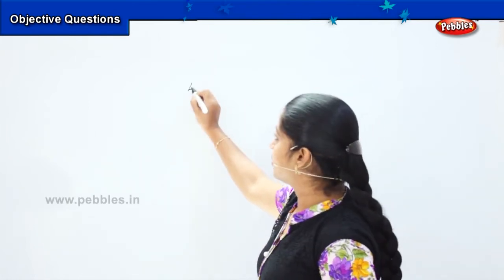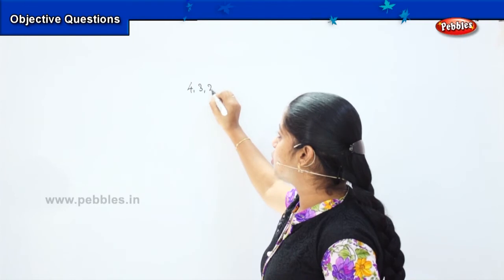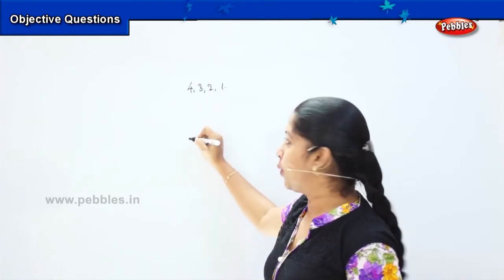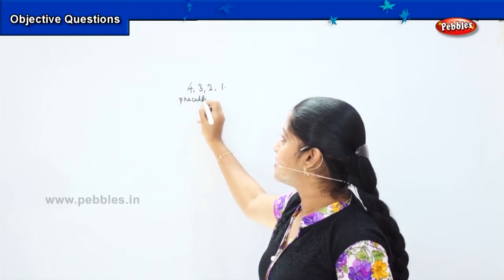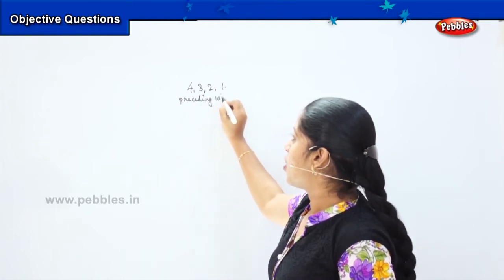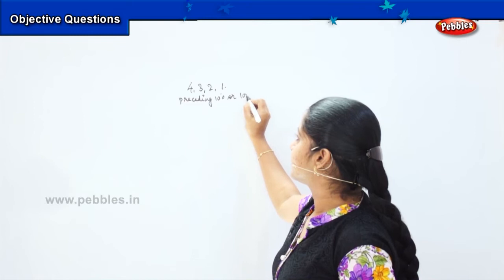Yes, so whenever a number is 5 and below, in fact you can say 4, 3, 2, 1. Okay, when you have the numbers as 4, 3, 2 and 1, we will round it off to the preceding tens or hundreds.